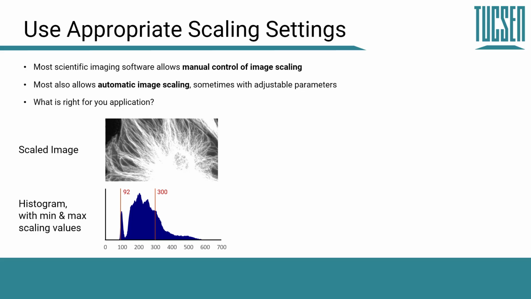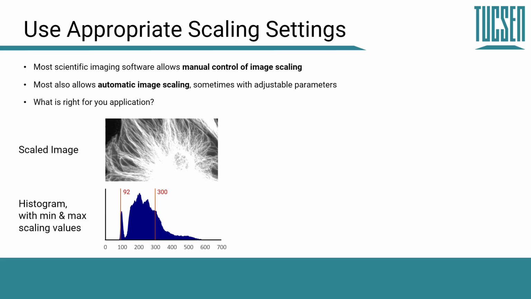So on the left here we have a fluorescent microscopy image with, in this case, image scaling where we've brought down the upper bound, which on the previous slide was set to 993 for that brightest pixel. Here we've brought that down to a value below many of the pixels of the image. So it looks overexposed.